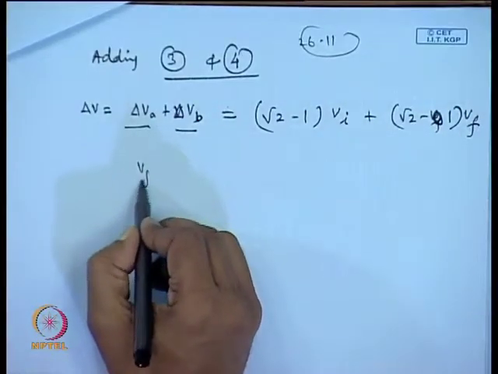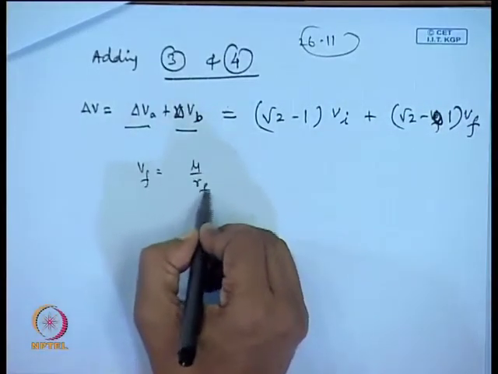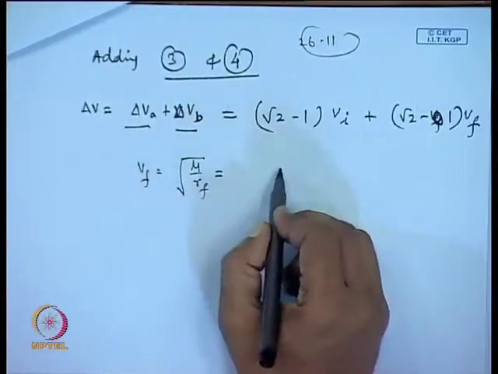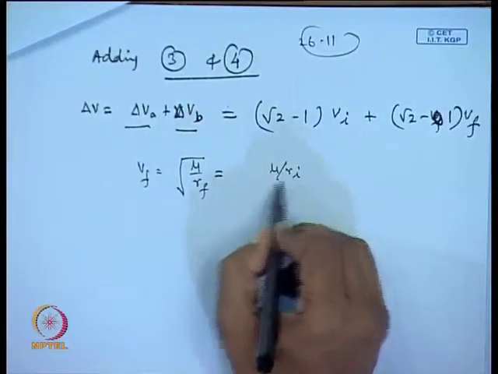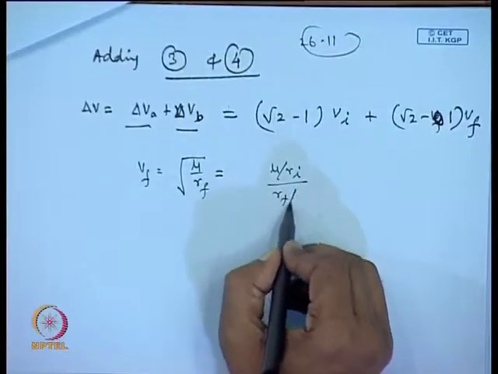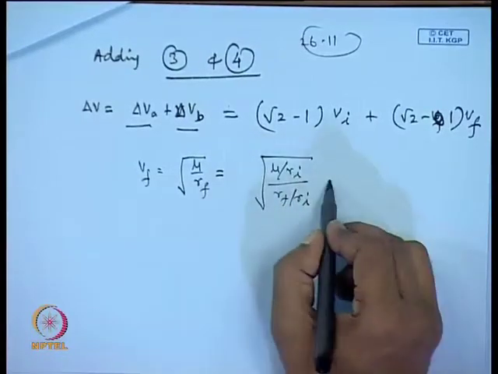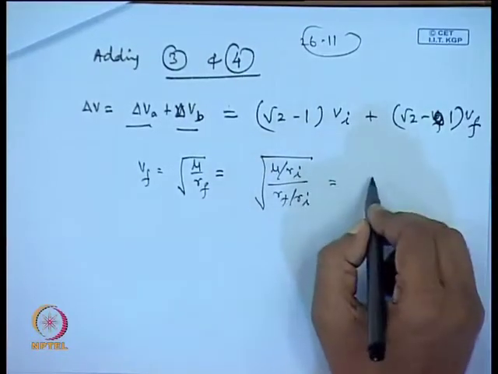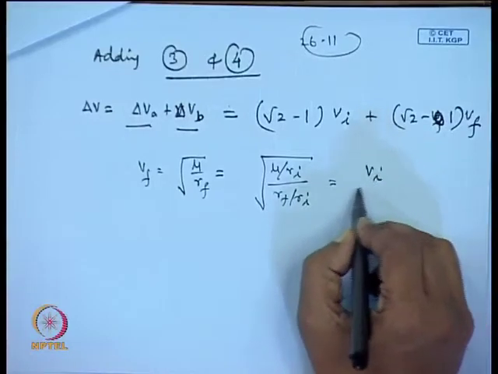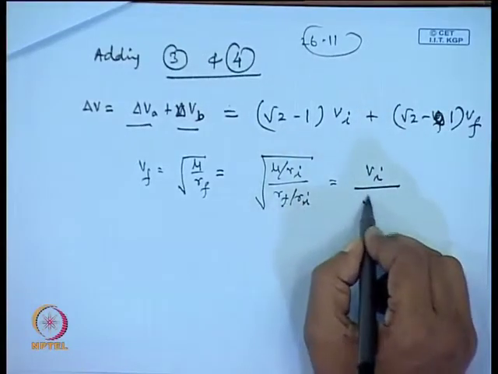Now, V F is root of mu by R F, because it is in a circular orbit, and this you can write as root of mu by R I times root of R F divided by R I. Mu by R I under root is nothing but V I, and R F by R I is nothing but n.